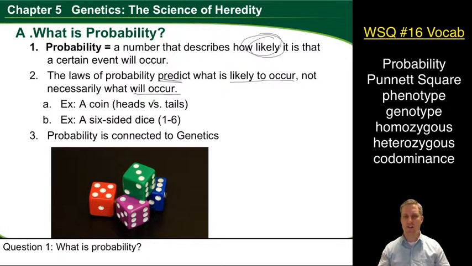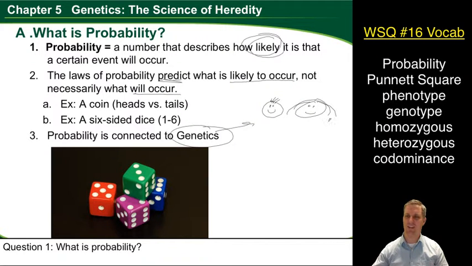And probability is connected to genetics because, here's the key. Let's say we've got over here the genetics of dad. Okay, ooh, he's got a weird eye there. And the genetics of, sorry, ladies, the genetics of mom. Now when those genetics combine into baby, it's got a weird nose and a really weird eye.